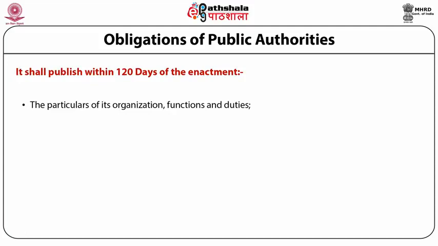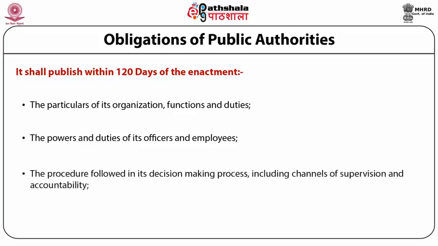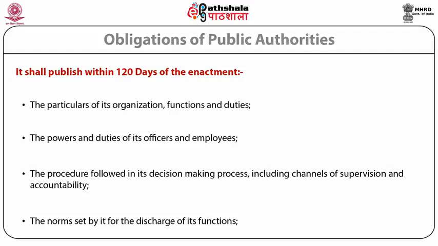It shall publish the powers and duties of its officers and employees. It should publish the procedure followed in its decision-making process, including channels of supervision and accountability. It should publish the norms set by it for the discharge of its functions.